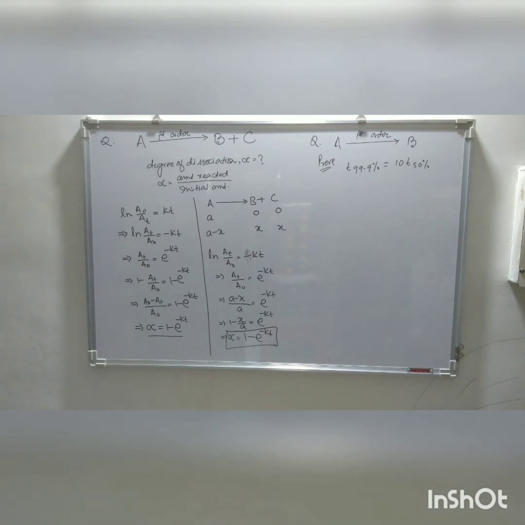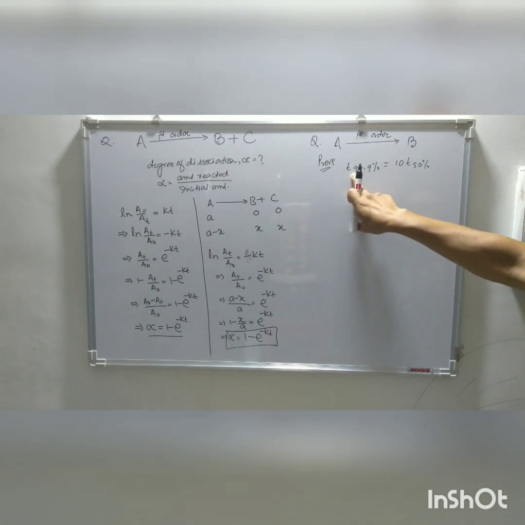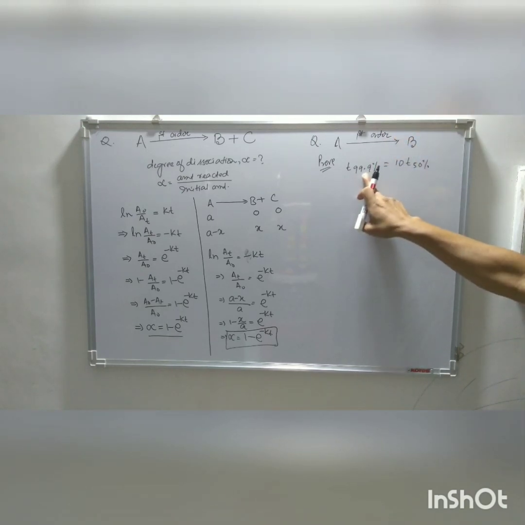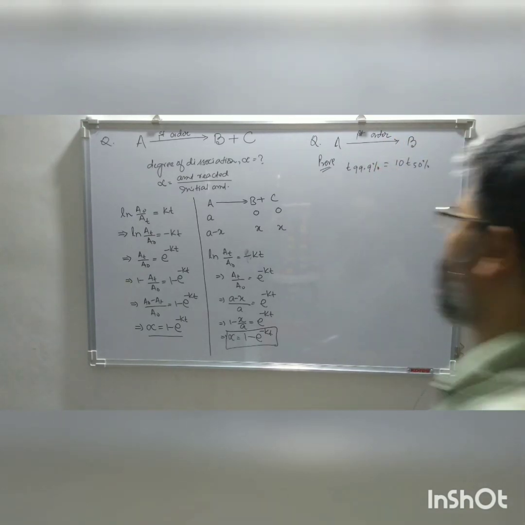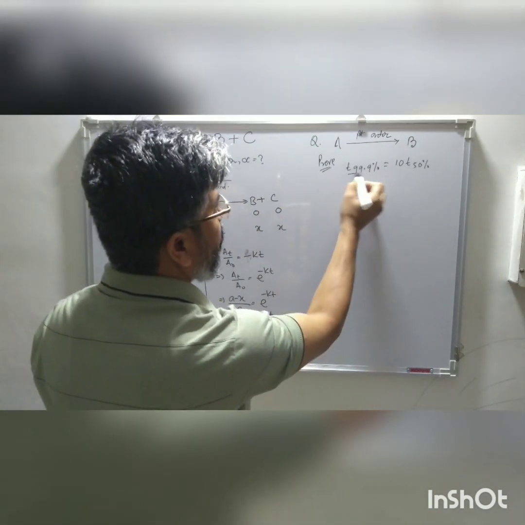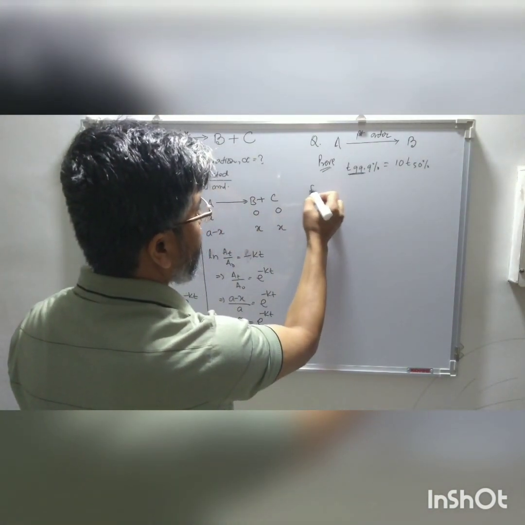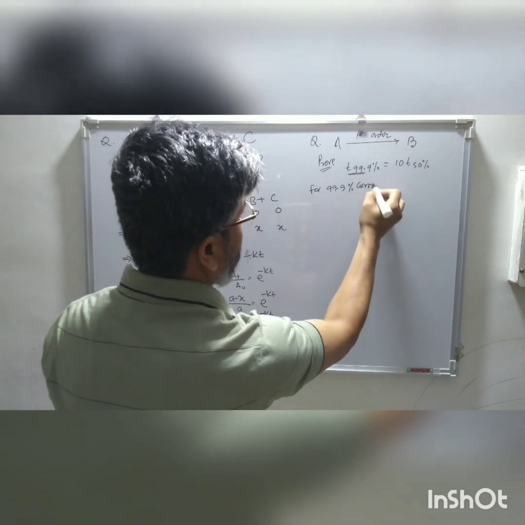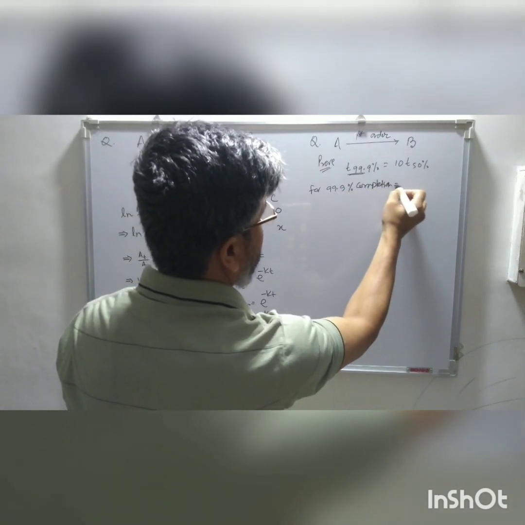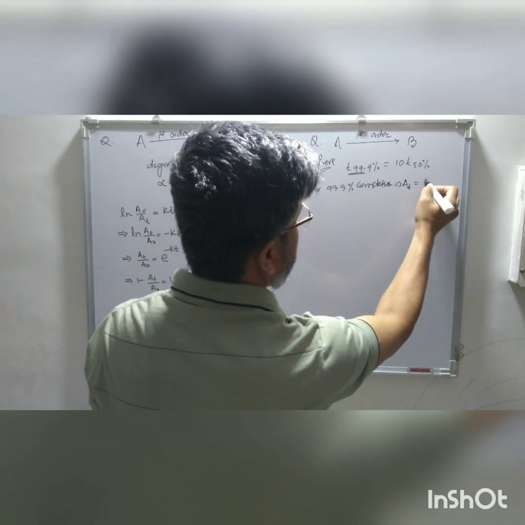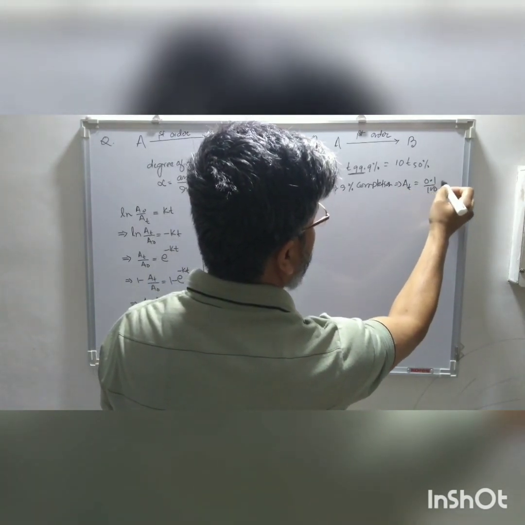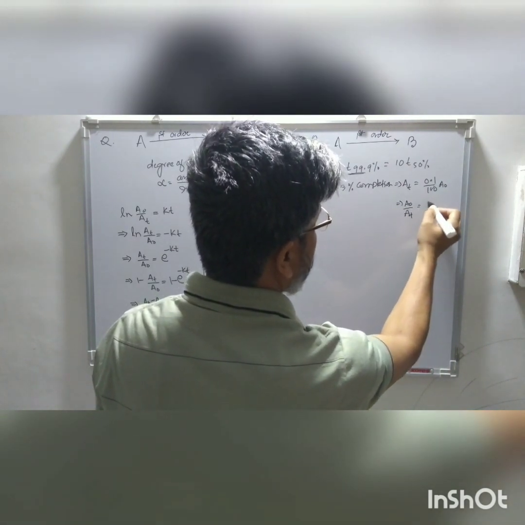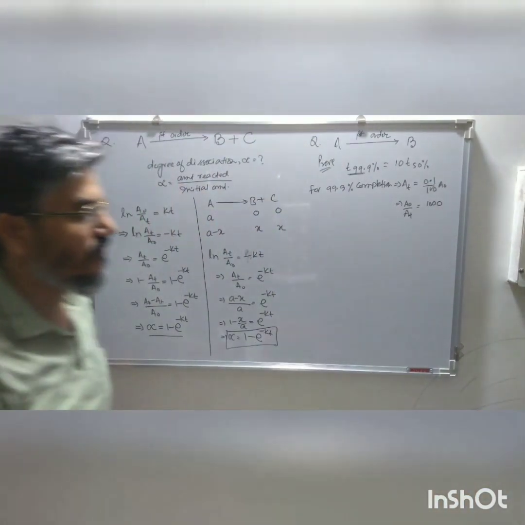You have to prove. So the question says 99.9% is completed. So how much is left? 0.1% is left. So for 99.9% completion, the amount of A left is 0.1% of the initial value, or simply we can say A naught by A is equal to 1000.